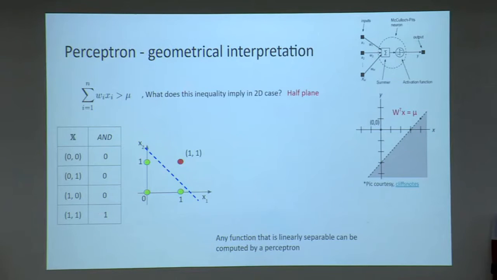So this can be solved using this perceptron, because all you have to do is draw this line, and then on this side you call it class 1, and this side class 0. So for simple tasks like this, this neuron can do it. Basically, the criterion is that the function must be linearly separable. Linearly separable means I should be able to draw a line and separate the points into two classes. As long as this is the case, this one neuron can do it.